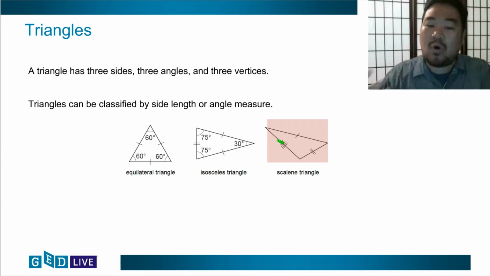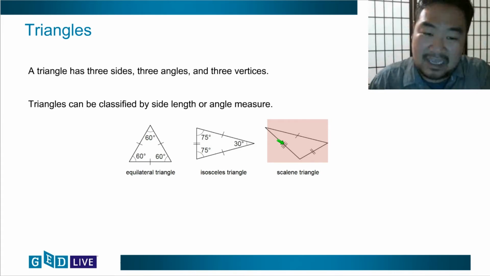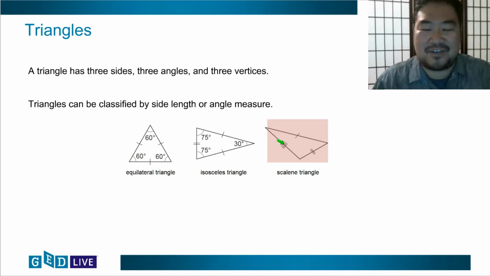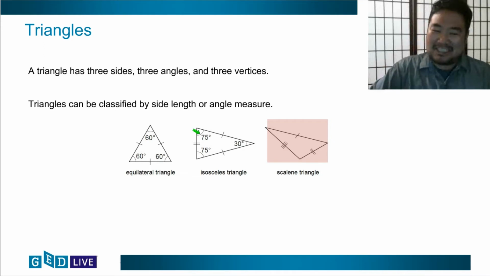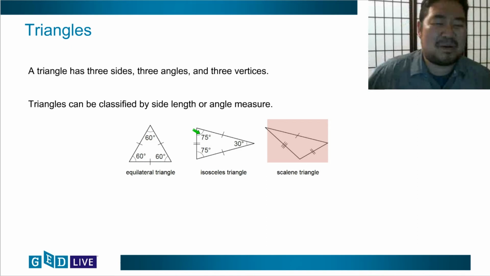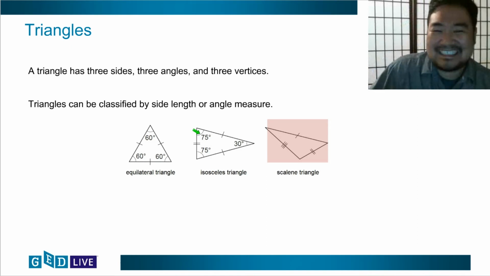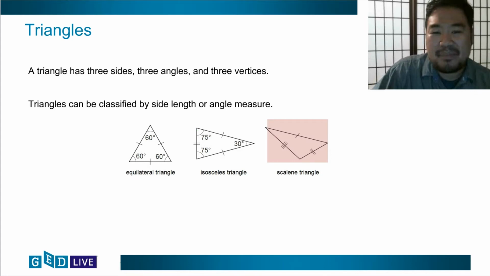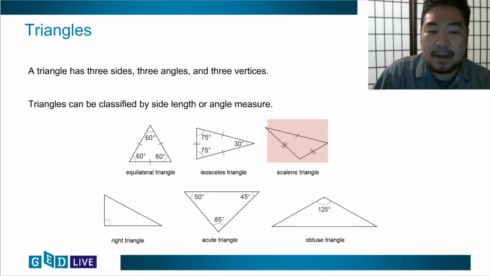It means that all three sides are different. There we go. Three different sides. And I know that isosceles triangle kind of makes you think pizza because it's that perfect shape, that classic New York pizza slice, definitely. All right, so that's a quick review regarding triangles and how they're classified by side length.